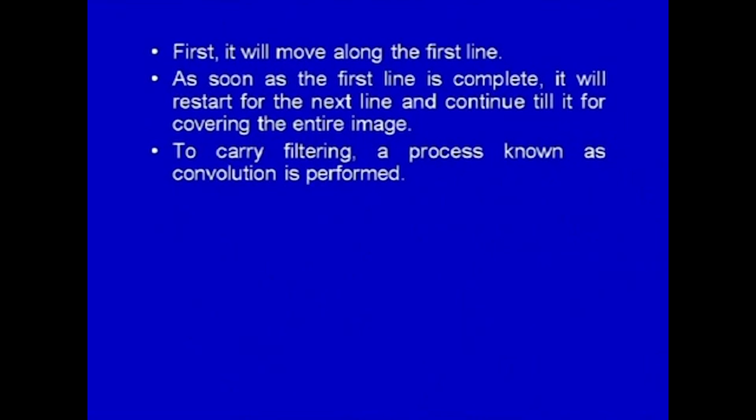First, it will move along the first line. As soon as the first line is complete, it will restart for the second line and continue till it covers the entire image. To carry out filtering, a process known as convolution is performed.